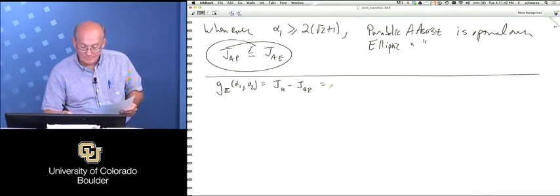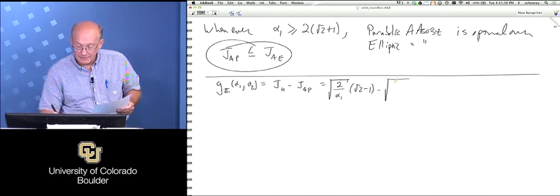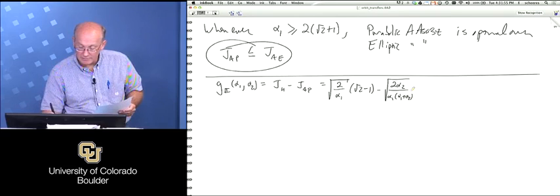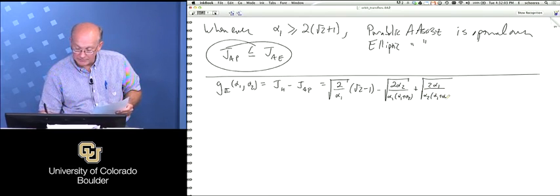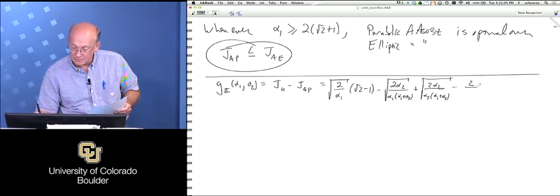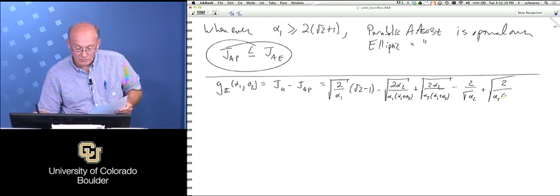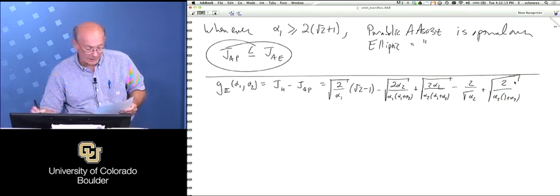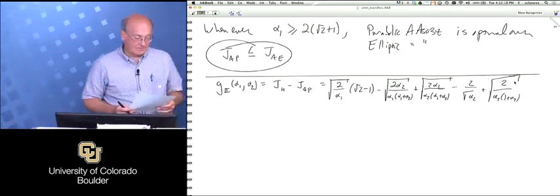This function, 2 over alpha 1, root 2 minus 1, minus 2 alpha 2, alpha 1 plus alpha 2, plus root alpha 1 over alpha 2, alpha 1 plus alpha 2, minus 2 over root alpha 2, 2 over alpha 2, 1 plus alpha 2. Okay. And any nicety that we may have had has pretty much disappeared.